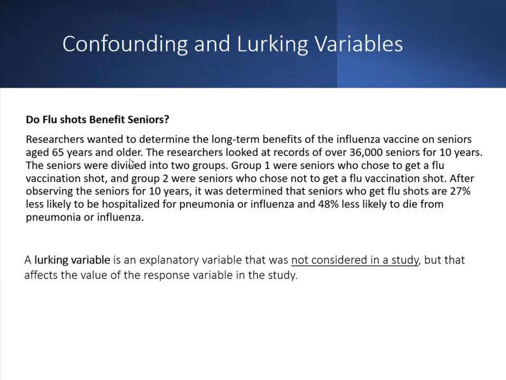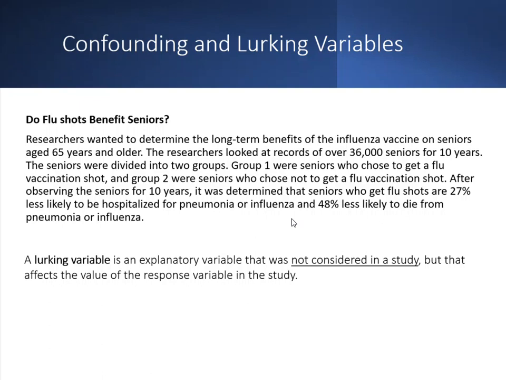We might also consider health status. What was the health status of the 36,000 seniors? Were they all in good health? Did they have any underlying health issues? That's really not discussed here as far as being a factor in the overall health of these seniors who you were following. Another factor could be mobility. Was there a portion of these seniors that were more mobile?